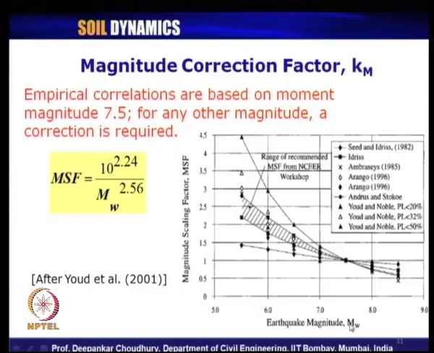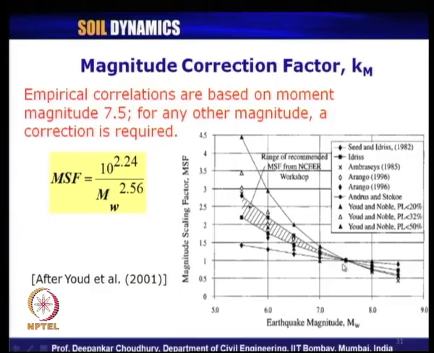As we have seen, it has been standardized with respect to MW of 7.5. So, if our earthquake magnitude is 7.5, no correction is required. So, correction factor MSF or Km should be 1. Look at the graph, it is 1 at 7.5. At MW of 7.5, the correction factor is 1. So, no correction is required, that is the reference point.